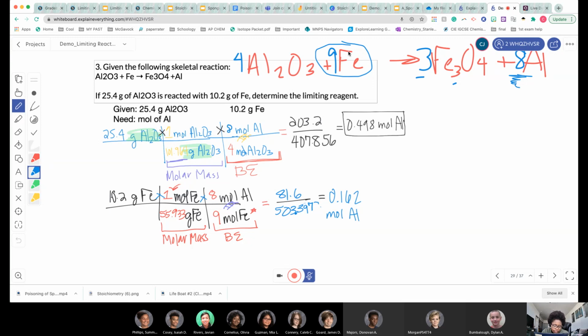Now talk to me, don't lie to me. The question is: determine the limiting reagent. Who is the limiting reagent? The way we answer that is, who made the least amount of aluminum? Because we know the equation for 10.2 grams of Fe has the limiting one.